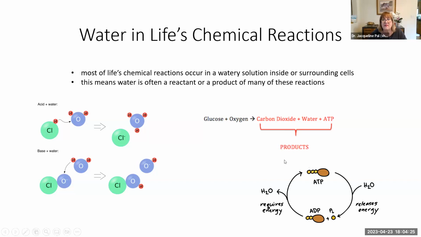And it also happens every time we are, for instance, making ATP and breaking down ATP. We have two different types of reactions, and they both are going to involve water. So we will come back and talk about those probably in the next section.